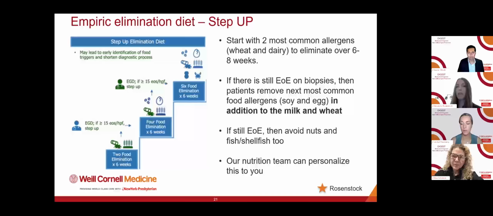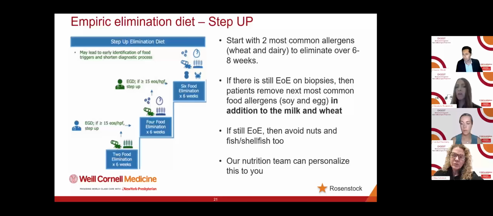If we still see evidence of EoE on the biopsies, then we step up to the four-food elimination diet, where we eliminate soy and eggs in addition to the milk and wheat, because those are the next two most common allergens. If we do not achieve remission of the disease, then we will also eliminate nuts and shellfish at that point for an additional 6 weeks.